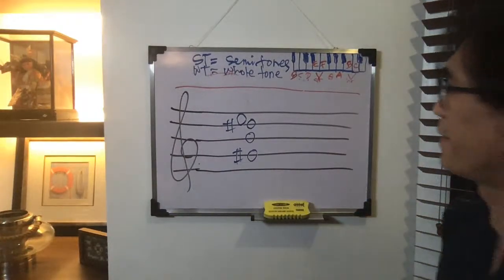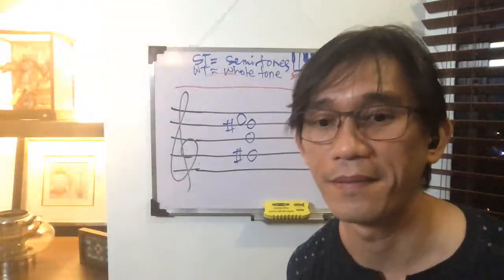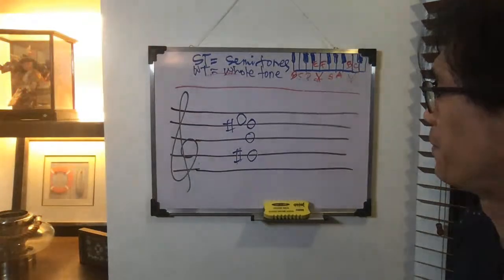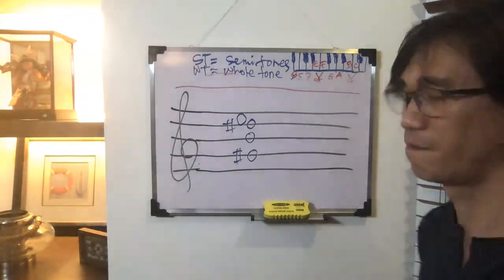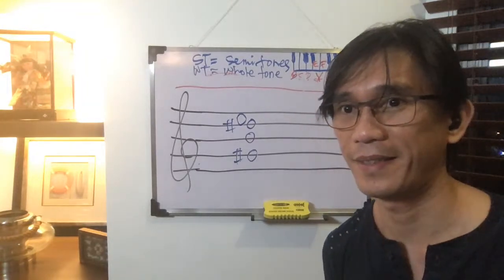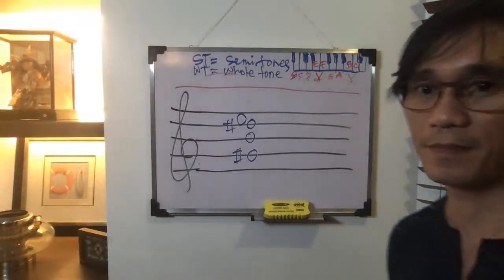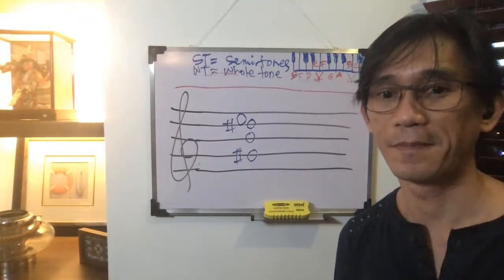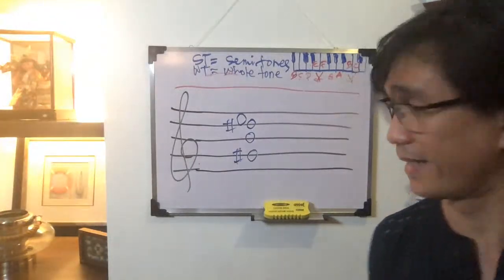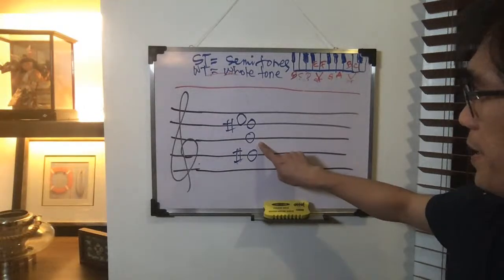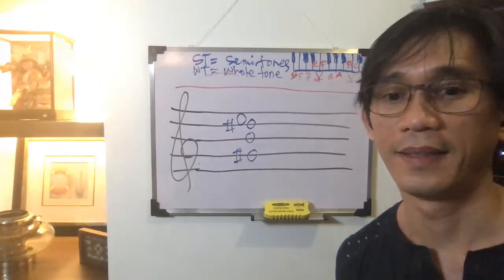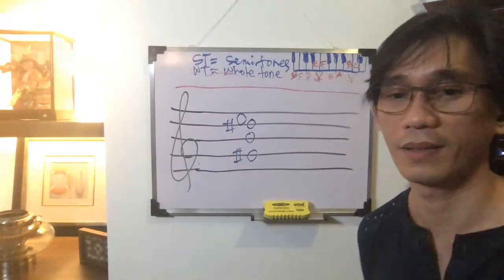If it's inverted, so type down your answers on the chat box. So what is this? Analyze, so G sharp, B, D sharp, and then E. Answers on the chat box.